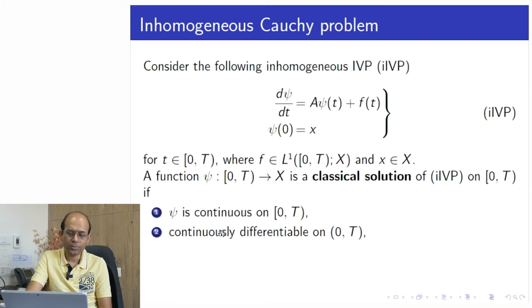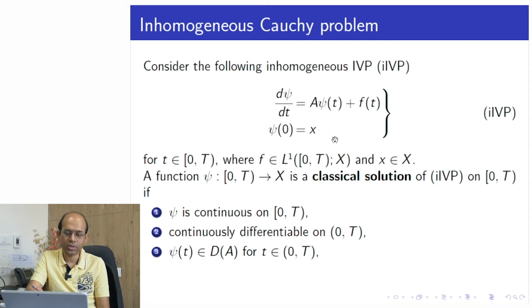So psi(t) is in the domain of A for all t in open 0 to capital T. If I include 0 here, psi(0) is x, then we would be asking that x also be in the domain of A, but here x is only in capital X. So we exclude 0. So psi(t) is in the domain of A for t positive, up to capital T. These are the three conditions.